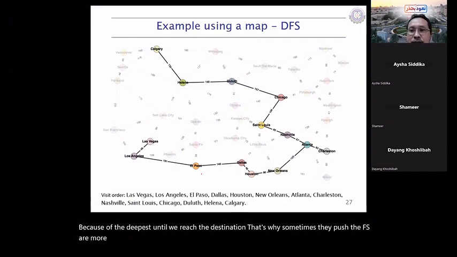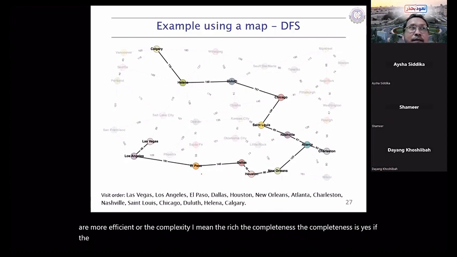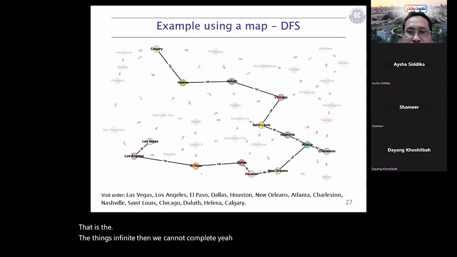As for completeness, it is yes if the depth is finite. If it is infinite, then we cannot complete. So El Paso, Dallas. This is the example of using DFS.